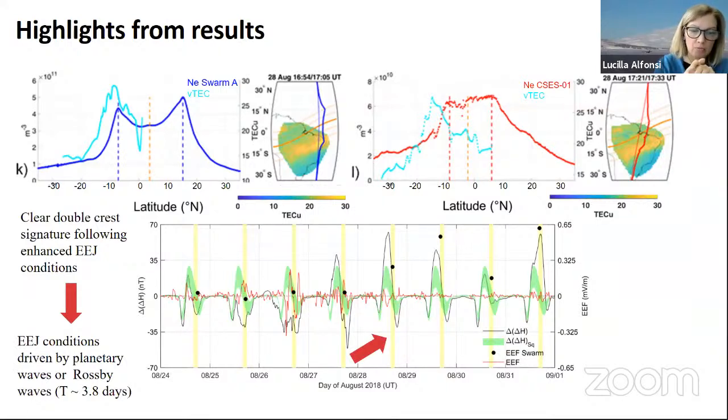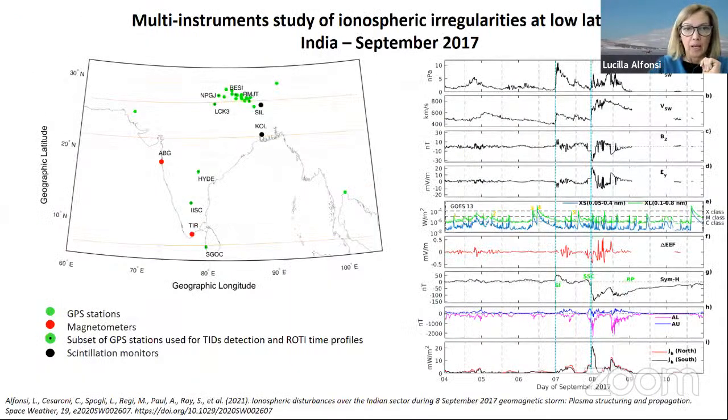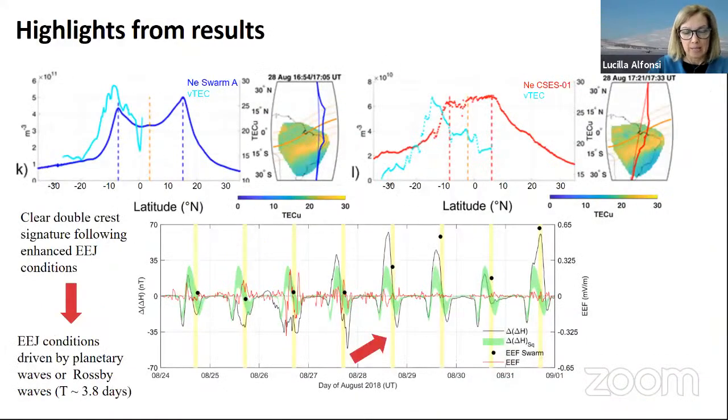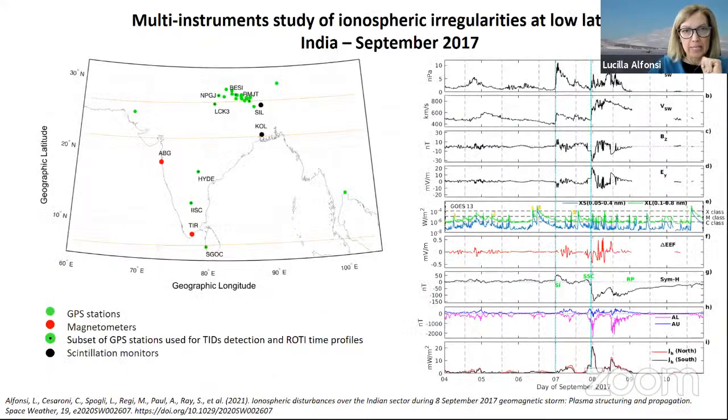So we are quite convinced that the forcing in this case was not related to an external forcing due to the solar perturbation and the geomagnetic perturbation, but forcing from the lower part of the atmosphere due to the planetary waves. So that's all for the first case.